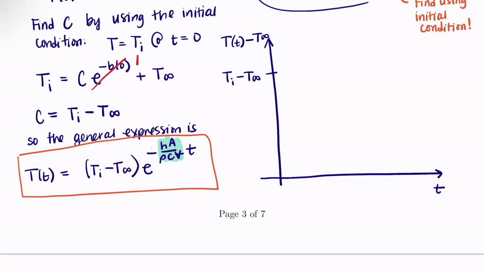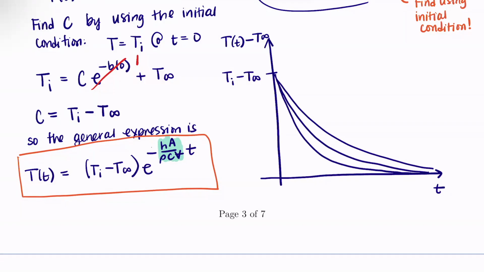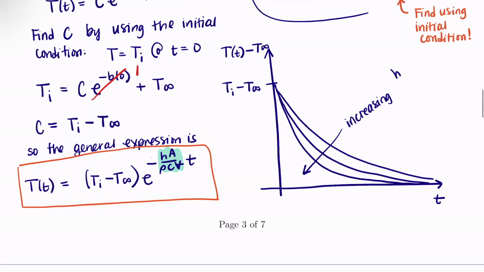And we have an exponential with a negative value up there, so this is generally going to look like this. And then as hA over rho cV increases, we'll find that this decays faster. So this is with an increasing value of hA over rho cV.